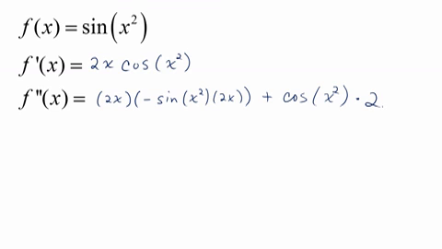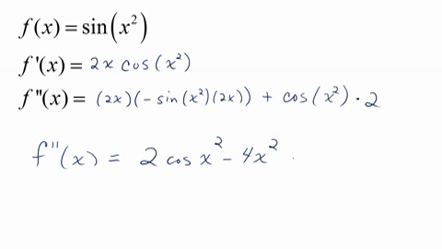So we'll simplify this, and our second derivative with respect to x would equal 2 cosine x squared minus 4x squared sine x squared.